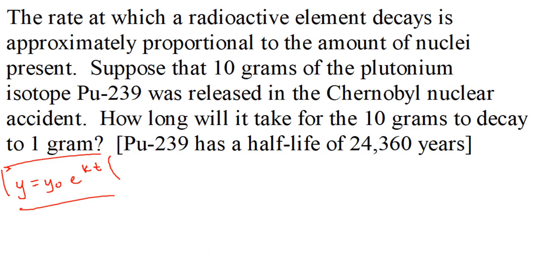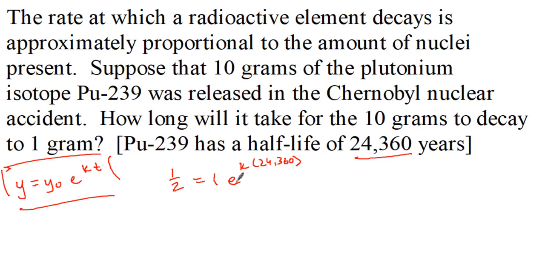It happens in chemistry, in every radioactive sample. And it says we know the half-life is 24,360 years of plutonium-239, which means if we have a sample of 1, it gets cut in half in 24,360 years, which means we can do my algebra to solve for k.